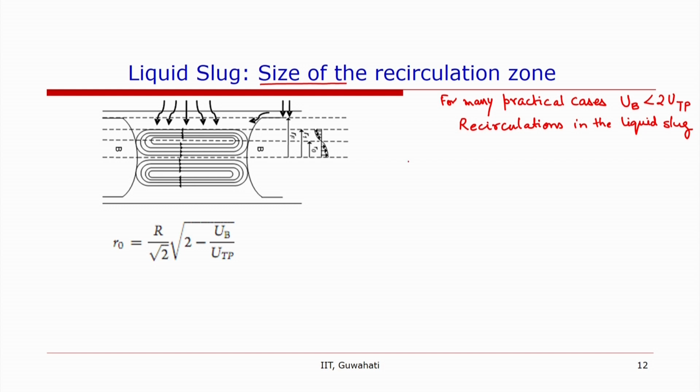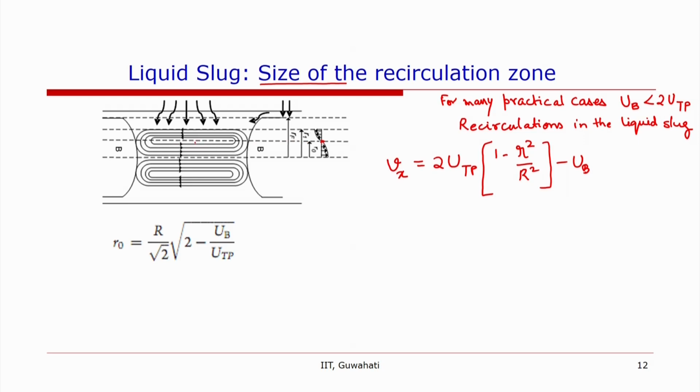So we had written the velocity profile in the liquid slug in bubble frame of reference as 2 UTP (1 minus r squared by capital R squared) minus UB. So if the profile is recirculating, there will be a point at which you will have the velocity to be 0.